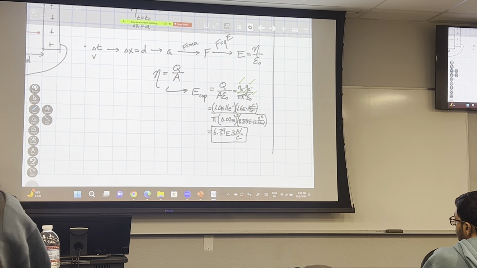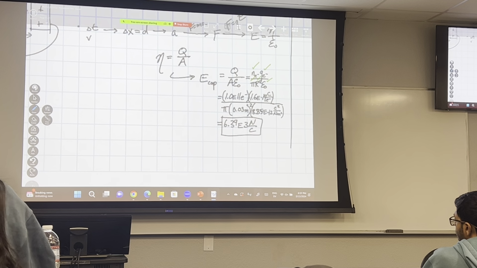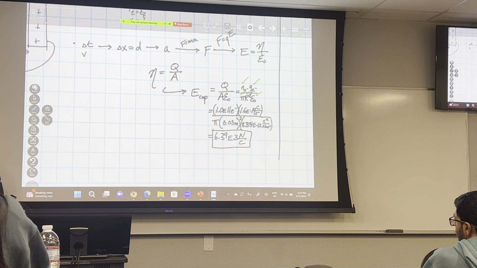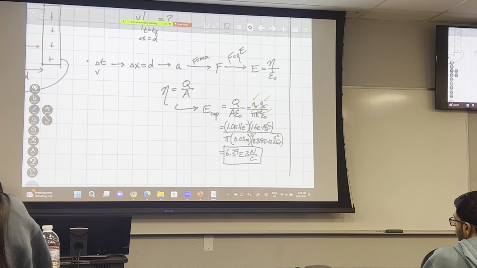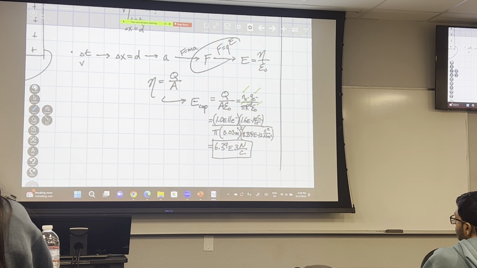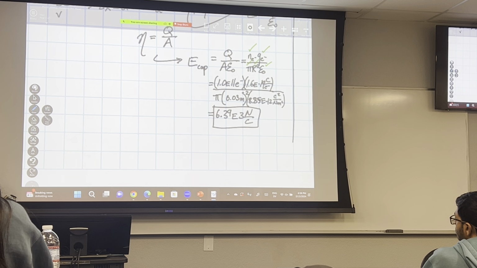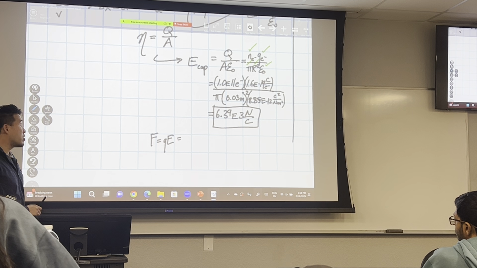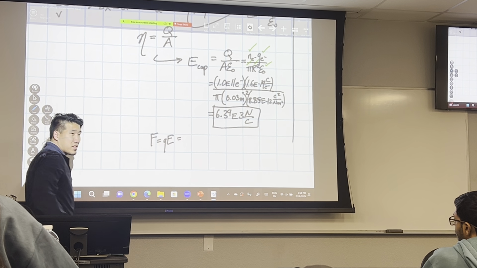But we weren't asked to just compute the electric field of the capacitor. We want to know things like the delta T and the impact speed. And to do that, we need the force. So F was equal to QE, where Q, what is this Q?